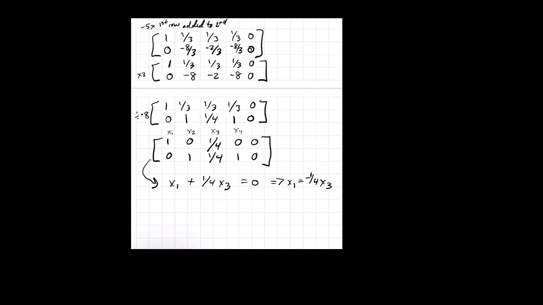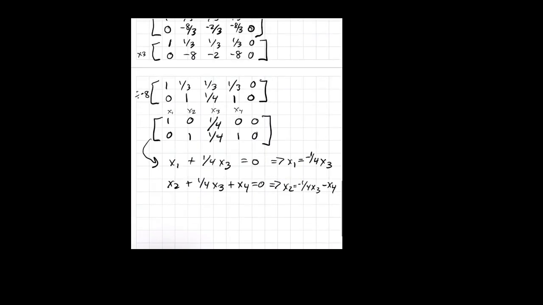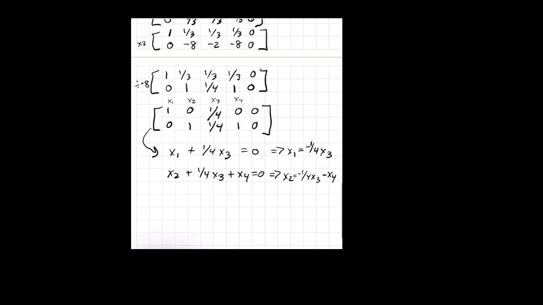From our second one, we've got x2 plus 1/4 x3 plus x4 equals 0. So from there, you could say that x2 equals negative 1/4 x3 minus x4, right? We rewrite that. So we really can't say too much about anything else.